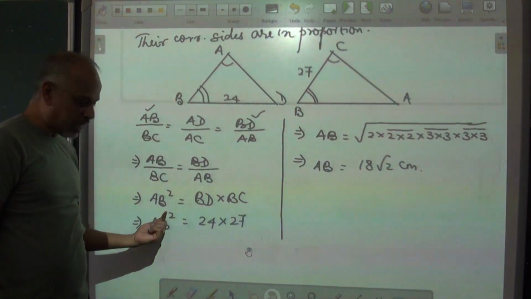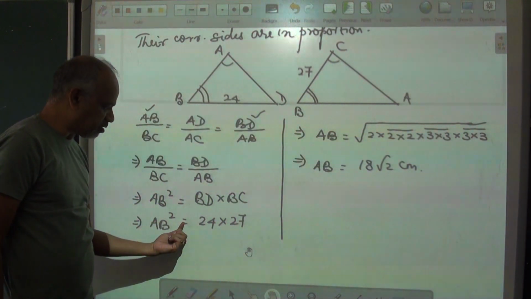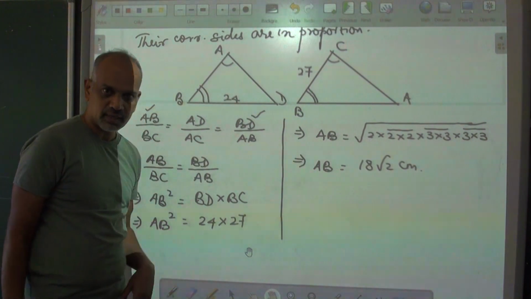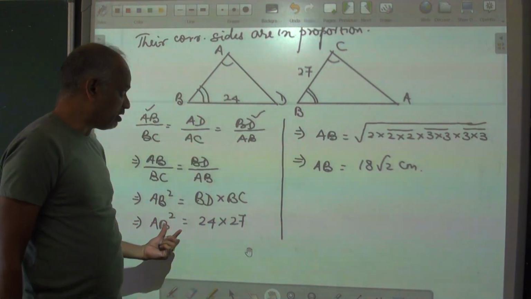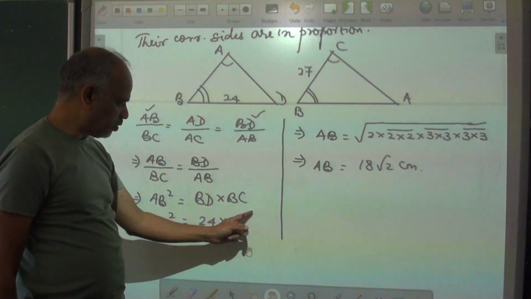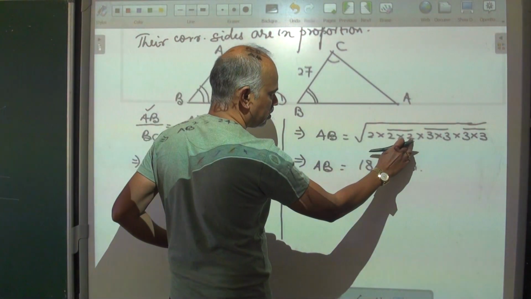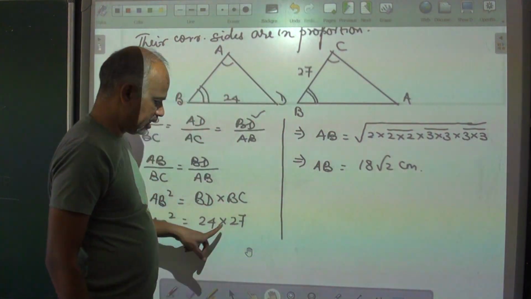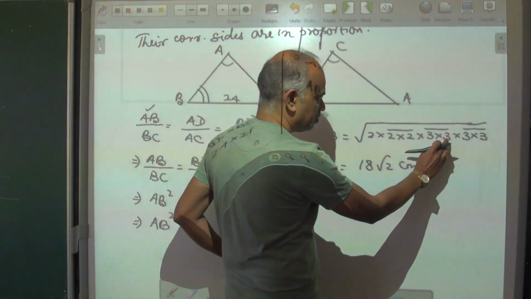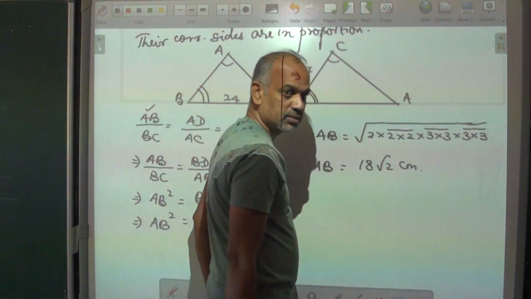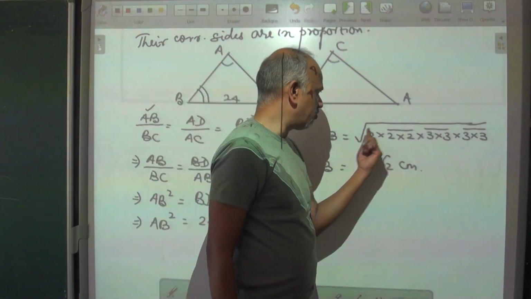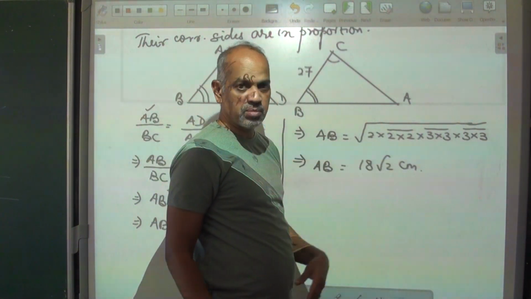So AB squared is this one, which means AB is equal to square root of whatever is here. Okay. So I have written AB is equal to square root of 24's factors are 2 into 2 into 2 into 3. And 27's factors are 3 into 3 into 3. And if you see, you're going to find square root, therefore pair these numbers. Okay.